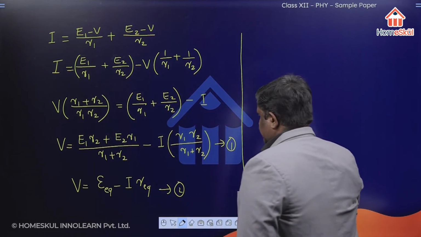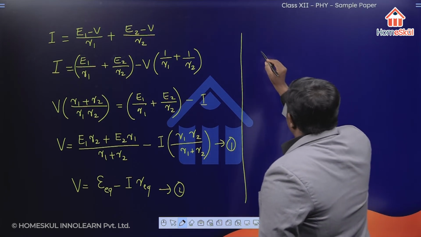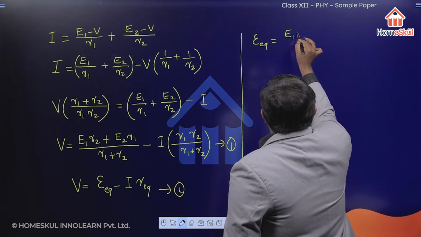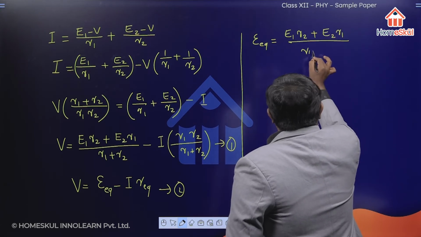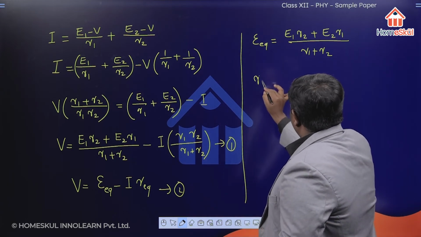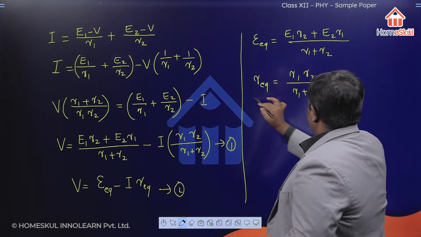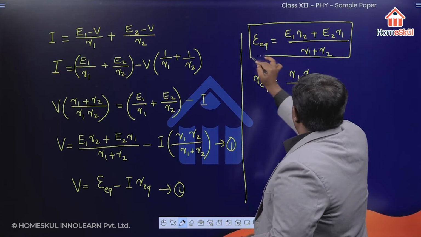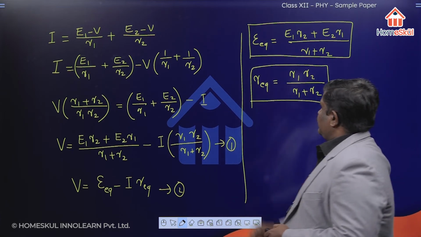Comparing equations 1 and 2, we get E equivalent is equal to (E1 r2 plus E2 r1) divided by (r1 plus r2). Next, r equivalent is equal to r1 r2 divided by (r1 plus r2). So we get the expression for equivalent EMF and equivalent resistance. So this is our first question.